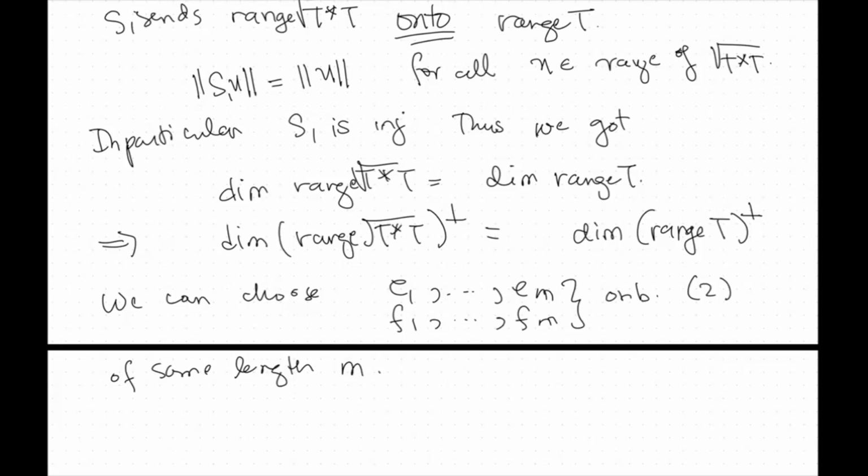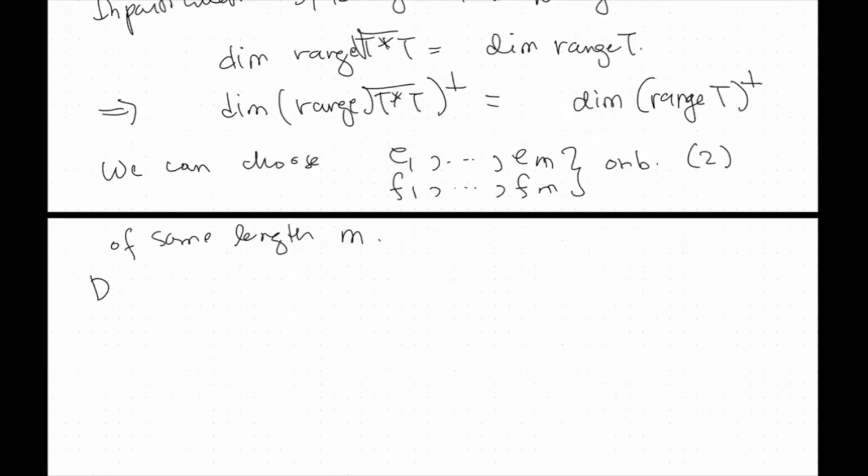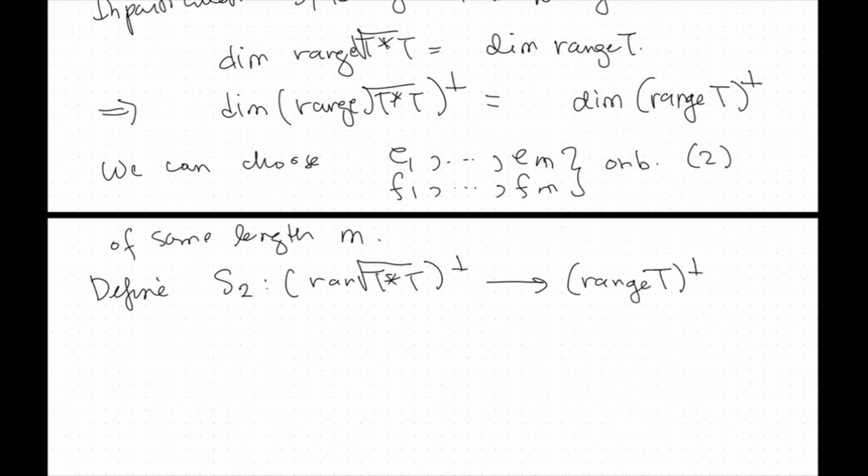So now we want to define another linear map, S2, which maps the range of the square root of T star T complement to the range of T complement, and S2 of the sum over i from 1 to n of a_i E_i is just the sum over i from 1 to n of a_i F_i.